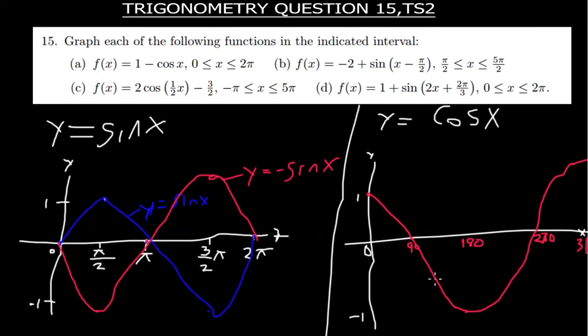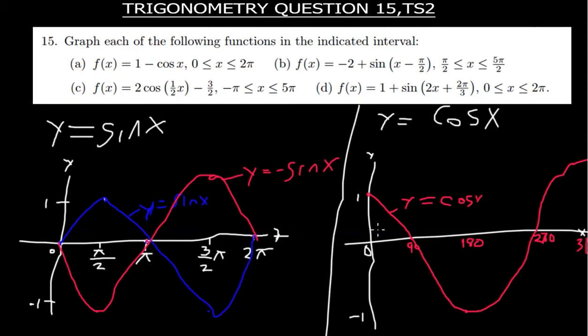So this was a graph for y is equal to cos theta. This is a graph for y is equal to cos x or cos theta, just the same.